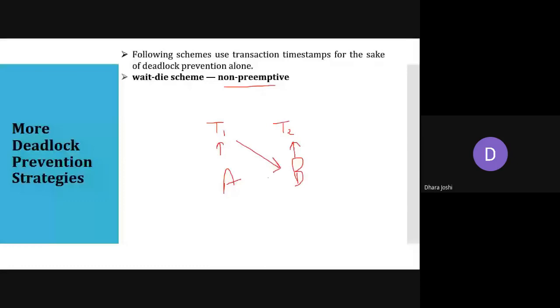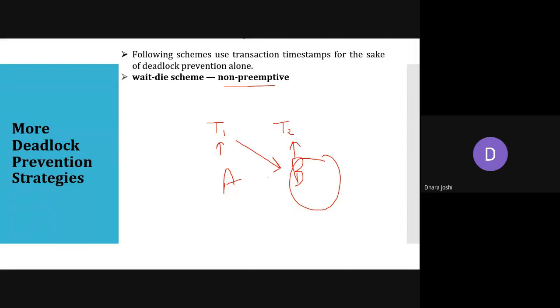Preemptive means if transaction T1 wants to acquire data item B, it will preempt it, forcefully taking data item B from transaction T2. It is called preemptive.